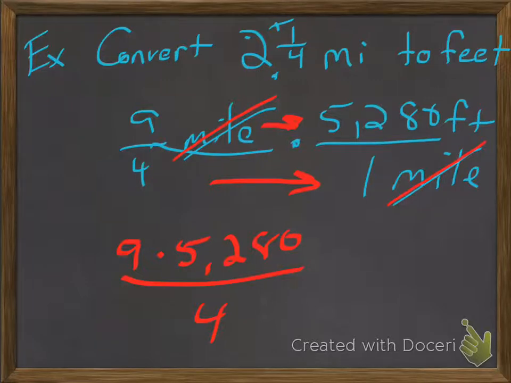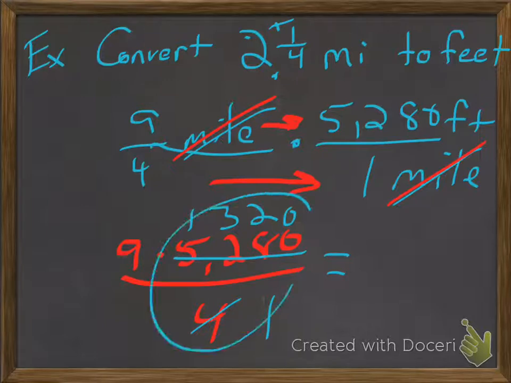I know that 4 will go into 5,280 1,320 times. I also know that 4 will go into 4 one time. So basically I just divided these two numbers. Now I can multiply 9 times 1,320. So I get 11,880.